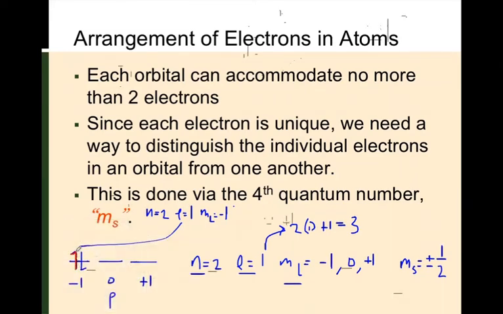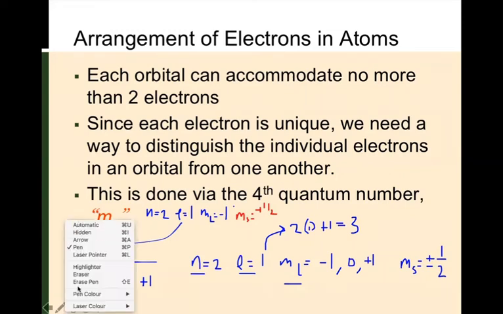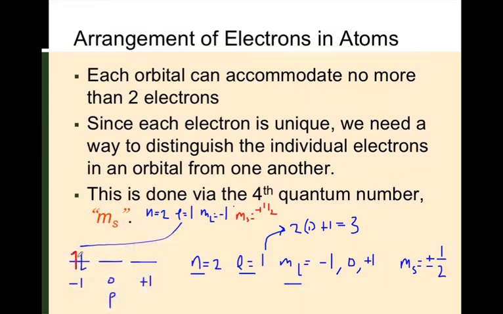So for the red electron, MS is going to be equal to +1/2. And for the other electron, which will be green, the one pointing down, MS is equal to minus a half.